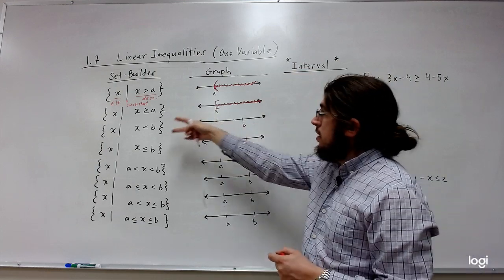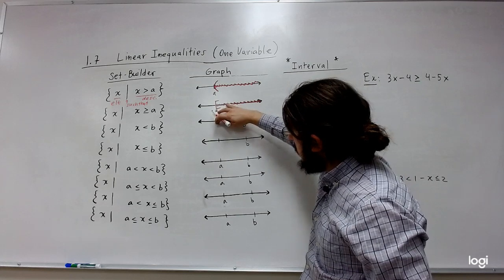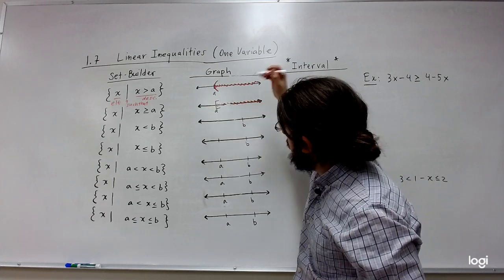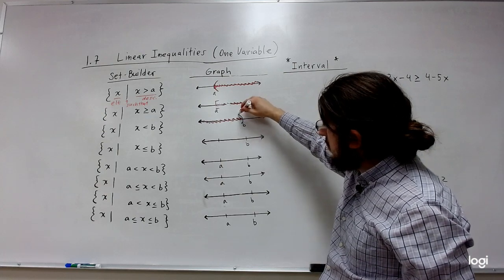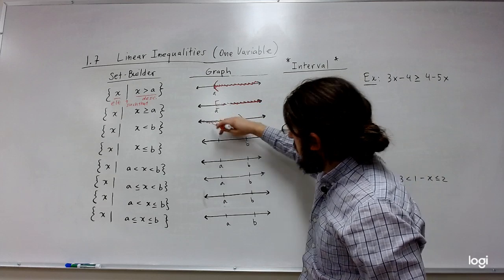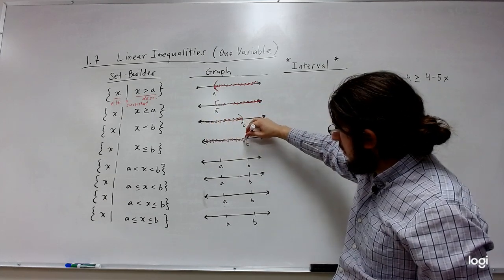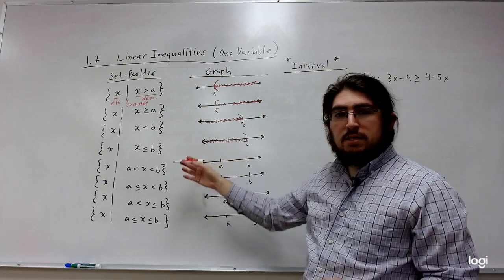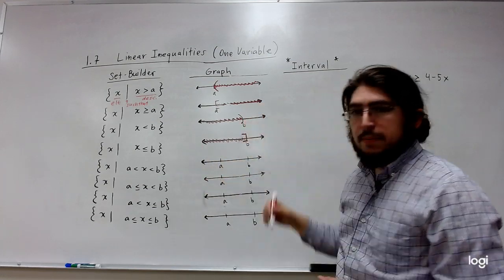Similarly here X is less than B, so I'm going to shade to the left of B. It's not or equal to, this is a strict inequality, so we need a parenthesis. Here, it's also less than, so we're going to shade to the left. But this is a closed inequality, so we need a bracket, or equal to. So that's a bracket.